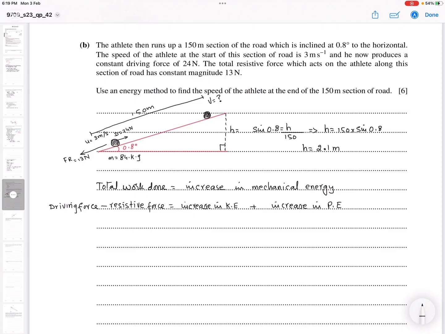Further, the increase in kinetic energy is actually final kinetic energy minus initial kinetic energy, plus the increase in potential energy, which would be final potential energy minus initial potential energy.